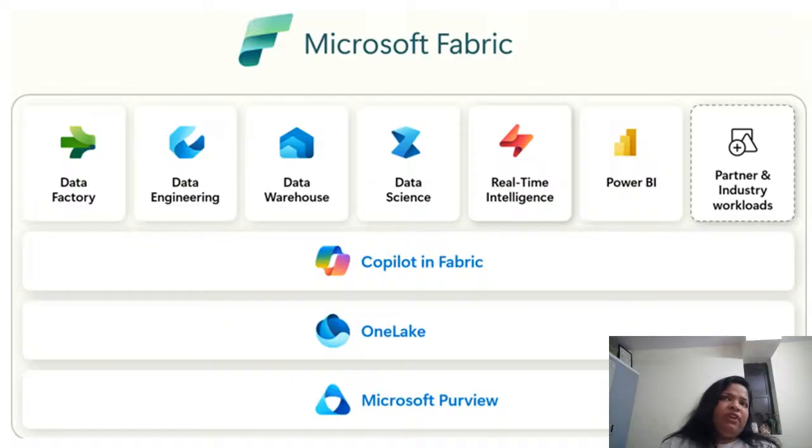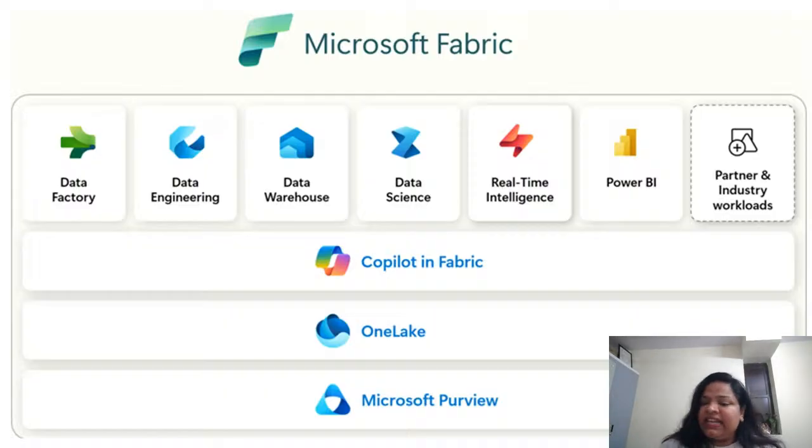So if I say Fabric, what is Fabric? Fabric is a SaaS platform, a software as a service platform. Fabric centralizes your data storage. How? It is centralizing your data storage with OneLake. So the core structure of Fabric is designed using OneLake.